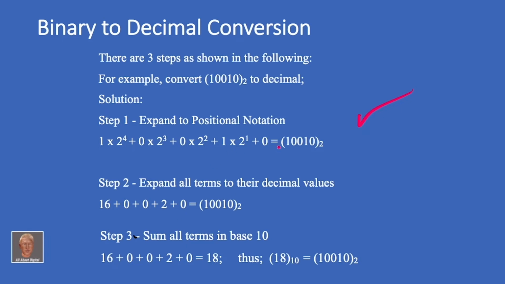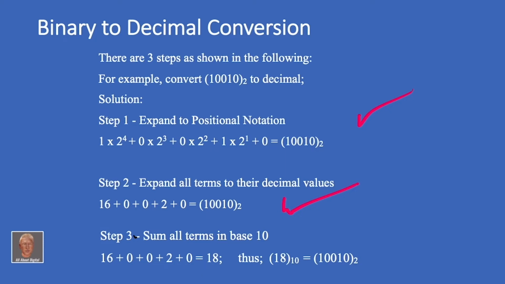And the least significant digit, d0, is a 0. So it's equal to 16 plus 0 plus 0 plus 2 plus 0, equal to 10010 base 2.